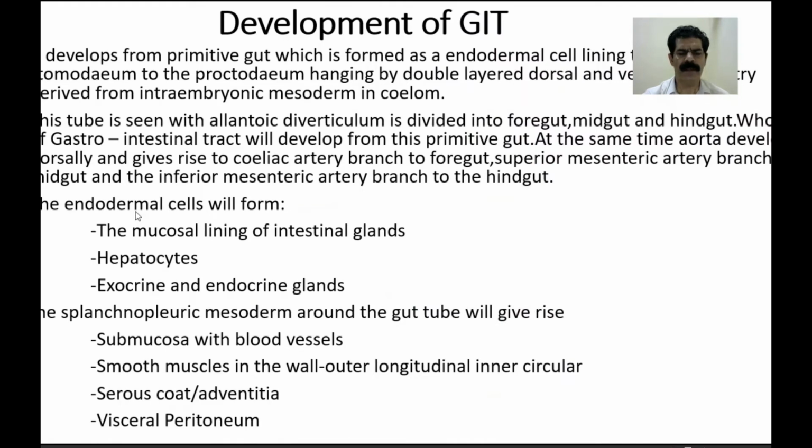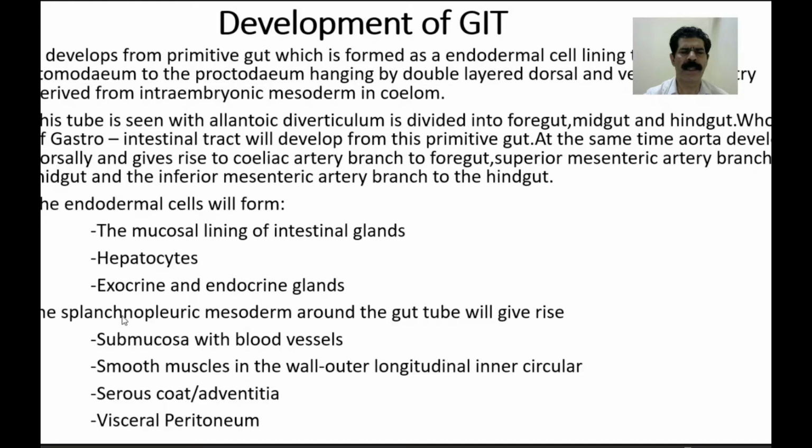Now the endodermal lining of the primitive gut will ultimately form the inner mucosa and the intestinal glands of the intestine, and the endoderm will also give rise to the hepatocytes of the liver, and it also gives rise to the exocrine and the endocrine parts of the pancreas.